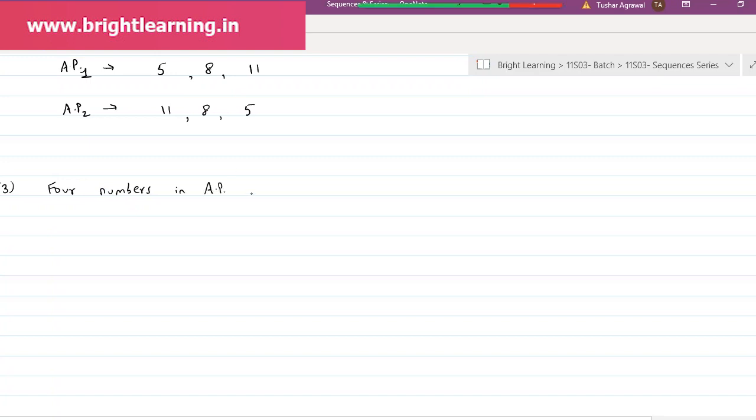Four numbers in AP are such that their sum is 20 and the sum of their squares is 120.